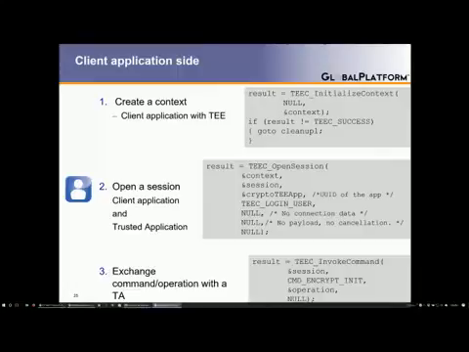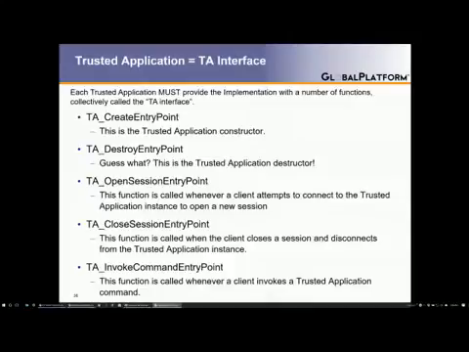So let's look at this a little bit more. The trusted application has itself a TA interface. In other words, what does it need to communicate with the applications in the rich environment? So there are the entry points.